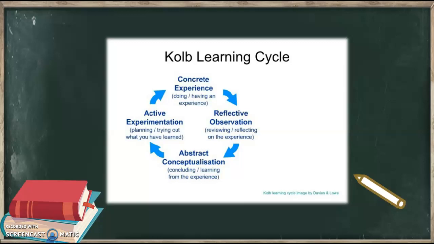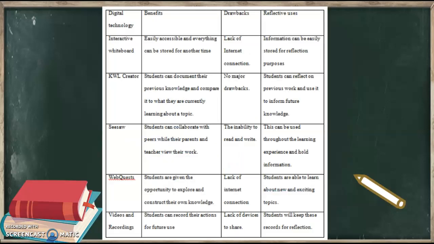Then abstract conceptualization, where students will blog and draw up the processes involved, and ending with the active experimentation of raw materials. According to this table, all of these learning resources support reflective learning and are beneficial to students. However, unstable internet connection and digital devices can be serious drawbacks.